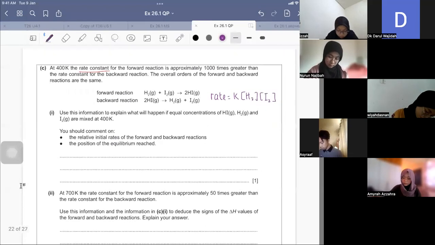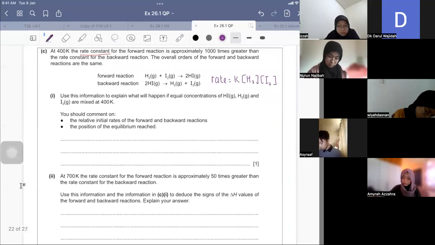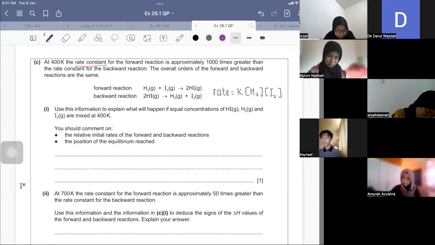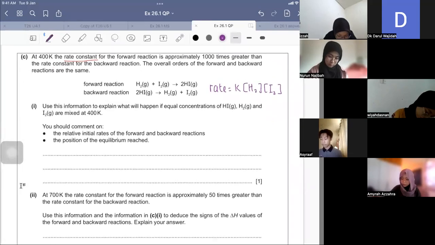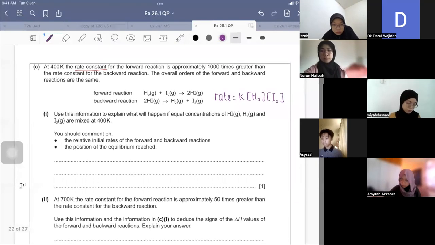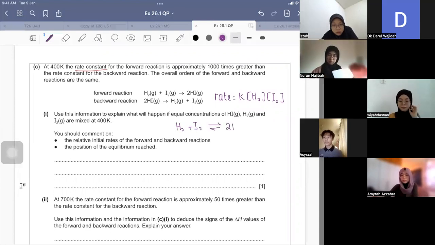You can imagine that this question is a long question. At 400 Kelvin, the rate constant for the forward reaction is approximately 1000 times greater than the rate constant for the backward reaction. So if I were to write this down in an equilibrium, it would look like this.